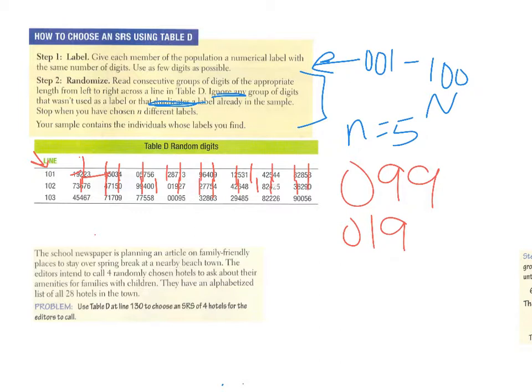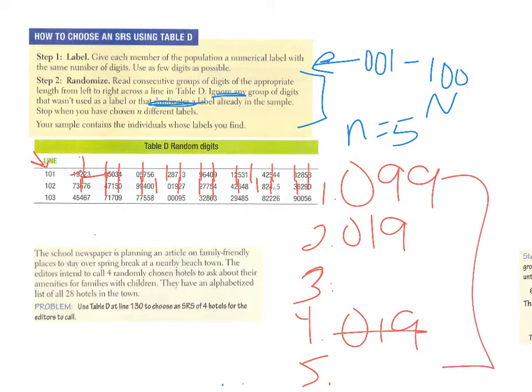We would keep going until we got 5 numbers because we wanted a sample size of 5. Let's say I got 019 again. Well, I have to ignore that and go to the next one that I get. I can't have any duplicates in this list either. So that's how you're going to use your Table D. If it was clumps of 4 numbers, then you'd go 4, whatever size the numbers are.